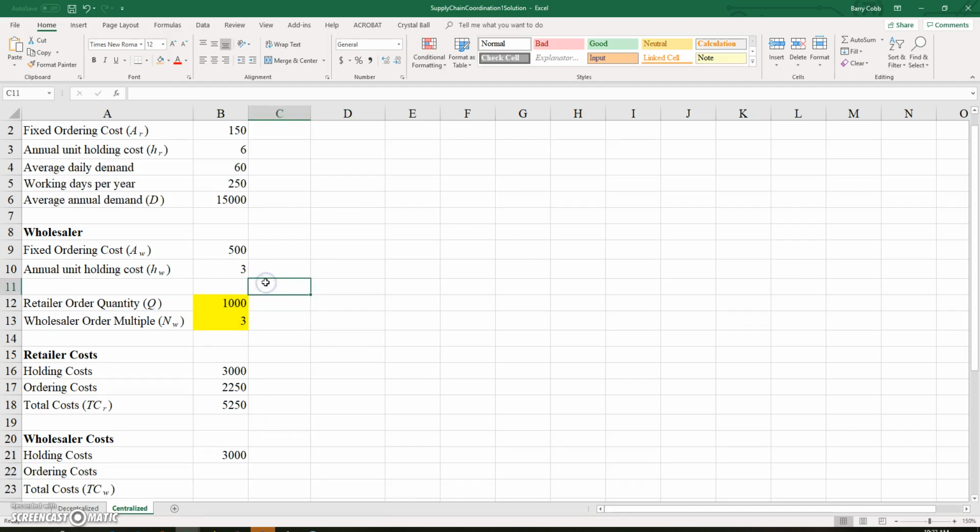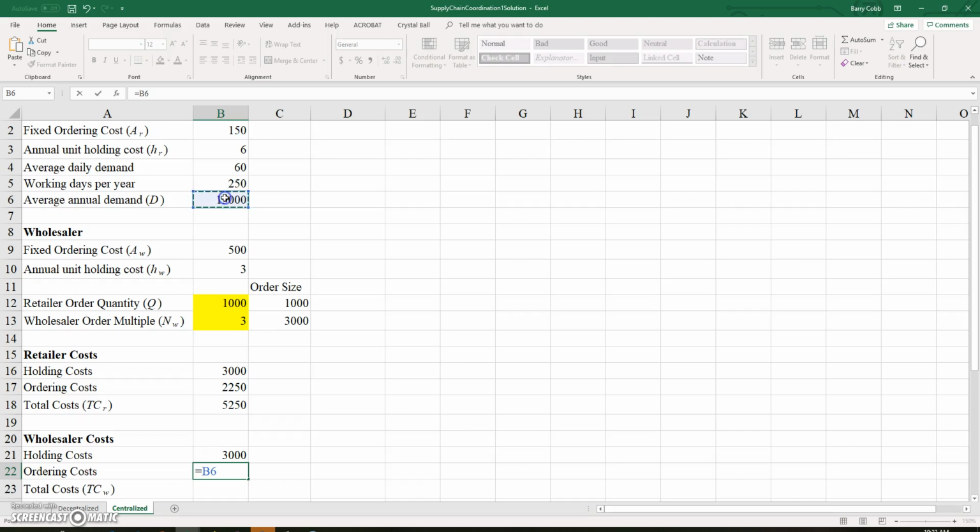We keep in mind that the order size for the retailer will be Q, but the order size for the wholesaler will be N times Q. This means that the number of orders for the wholesaler can be smaller than the number of orders per year for the retailer if a multiple of more than 1 is used.